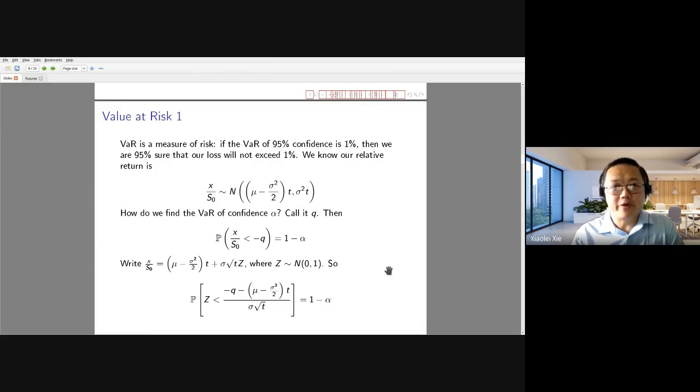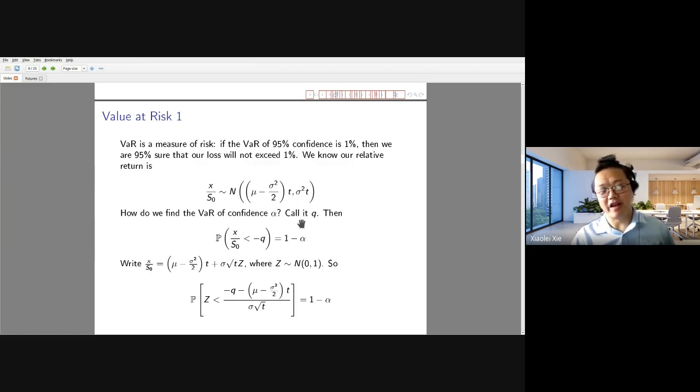So the value at risk allows us to answer this question. Let's say we have somehow determined that the value at risk at 95% confidence is 1%. Then this means that we are 95% sure that our loss will not exceed 1%. So we know that our relative return has a normal distribution with mean and variance given by the model parameters.